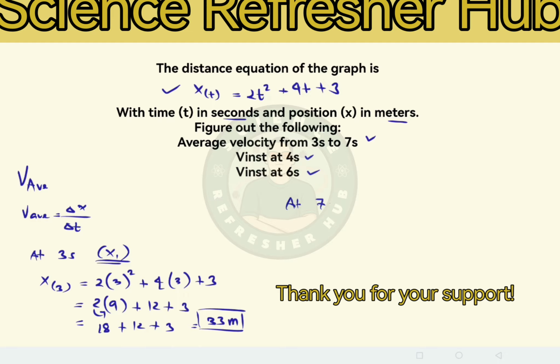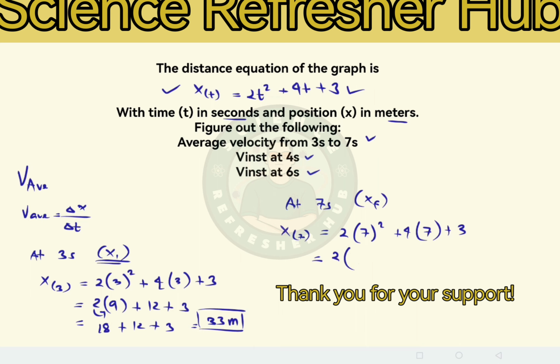So what about at 7 seconds? This will be our final position. x of 7 seconds, still we will be using the function. So 2 substitute 7 squared, plus 4 substitute 7, plus 3.